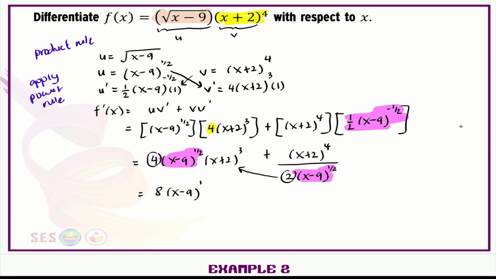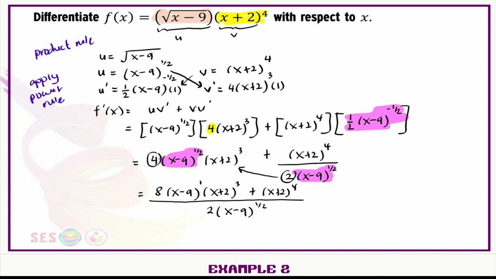Okay, so (x plus 2) cubed will remain as it is, so times (x plus 2) to the power of 4, and now everything over the new denominator, which is 2 times (x minus 9) to the power of 1 over 2. So what we are doing right now is making the denominators the same thing.